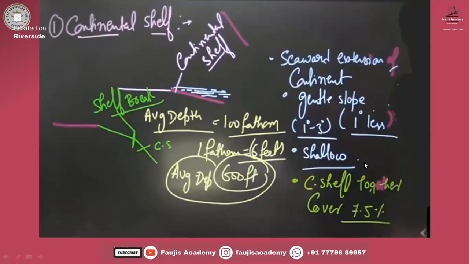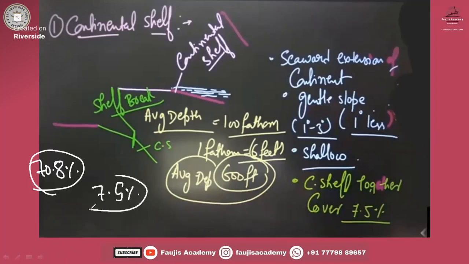In the continental shelf this shallow water will be there, and together they will cover 7.5% of the area. 7.5% of what? Of all oceans, where we have 70.8% water bodies.